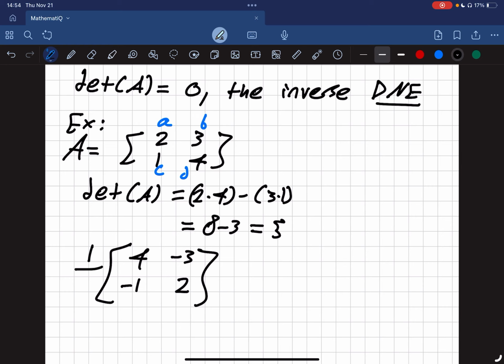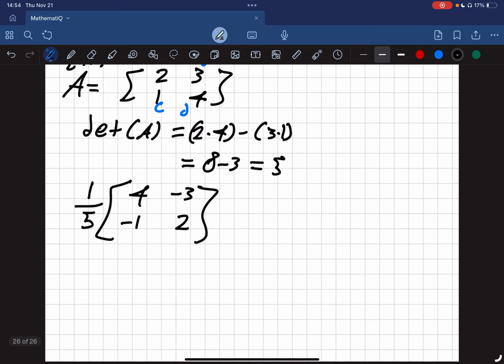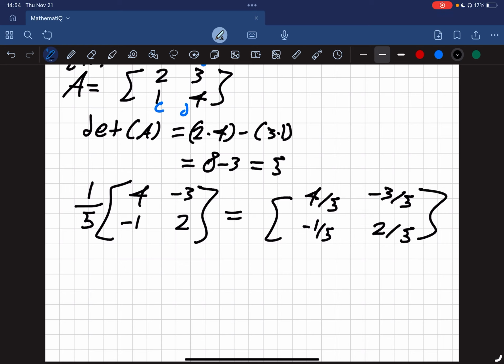So I get 1 over 5. And if you want, you can expand and just multiply this out. You'll get 4 over 5, negative 3 over 5, negative 1 over 5, and 2 over 5. And that's it. That is the inverse of A. Okay, so nice and easy.